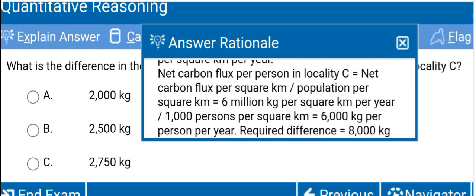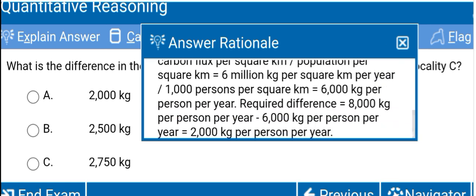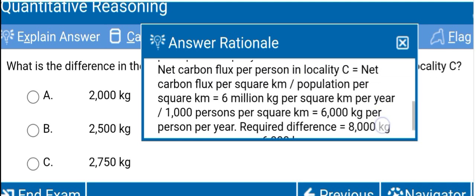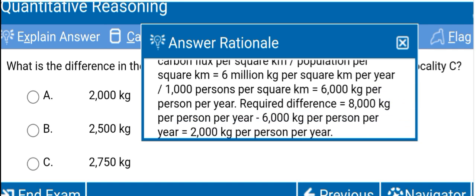So net carbon flux per person in locality C equals net carbon flux per square kilometer divided by population per square kilometer, here divided by 1000 persons per square kilometer, equals 6000 kilogram per person per year.